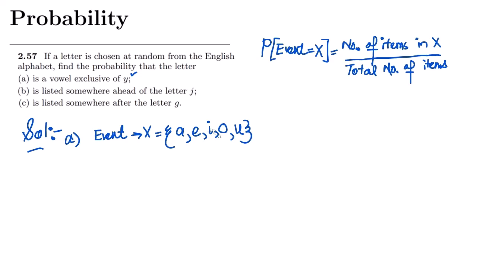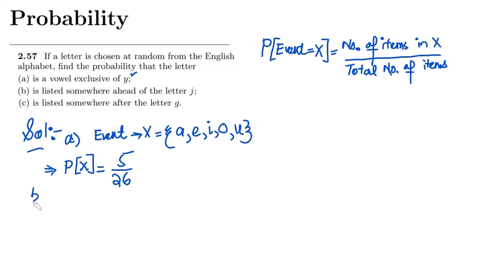These are 1, 2, 3, 4, 5. So the probability of X would be the number of items in X, which is 5, divided by the total number of items, which are the 26 English alphabets. That is the answer of part A.